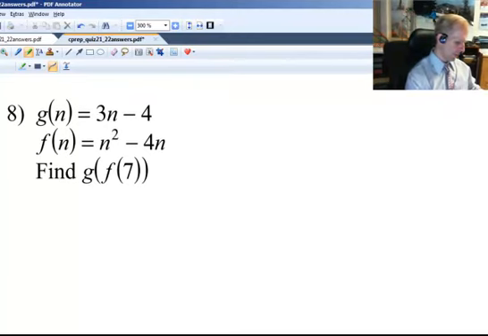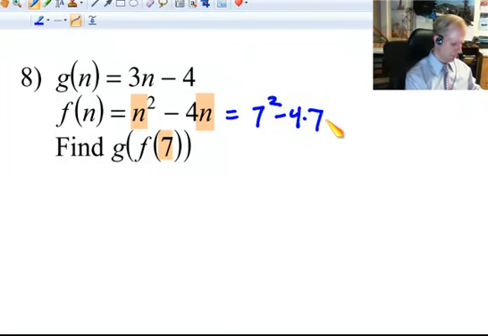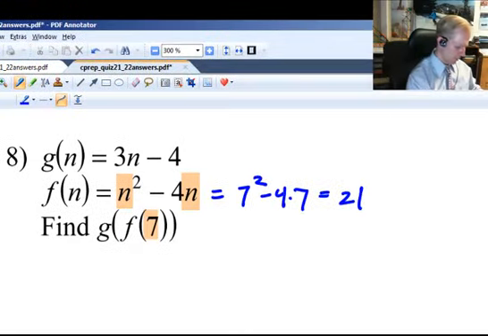Okay, number 8, I'm substituting in a value for the variable in the lower function. So I take 7, I put it in f wherever the variable occurs, and I do the math. So when I do that, I get 7 squared minus 4 times 7, and that gives me 49 minus 28, and 49 minus 28 is 21.